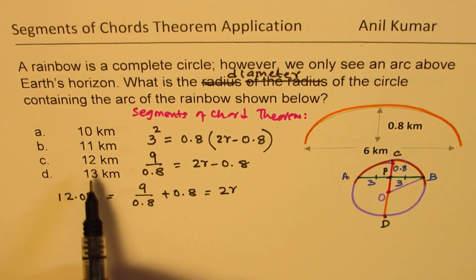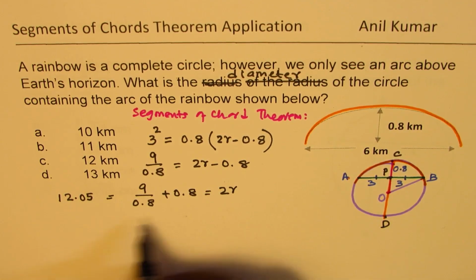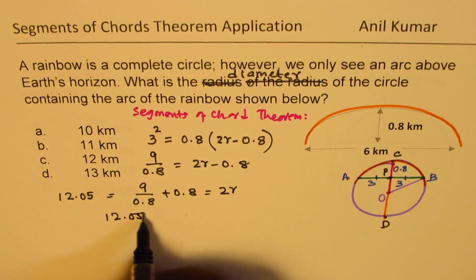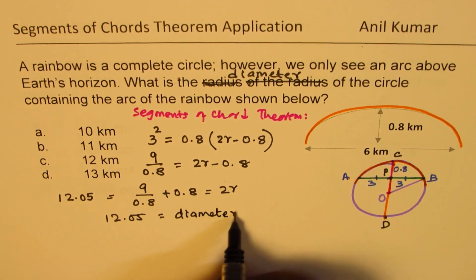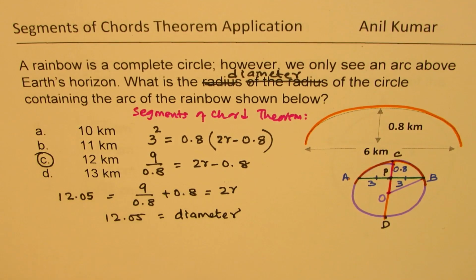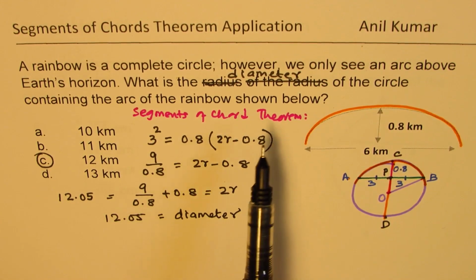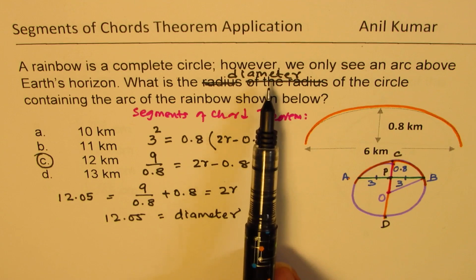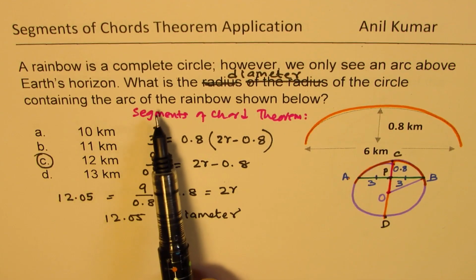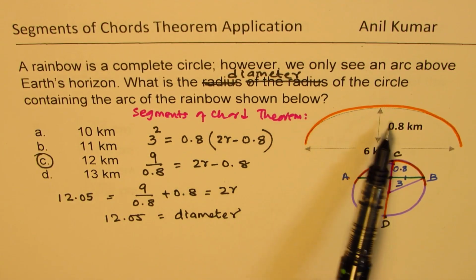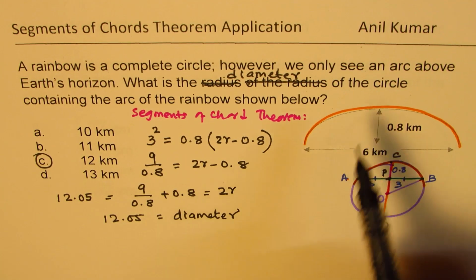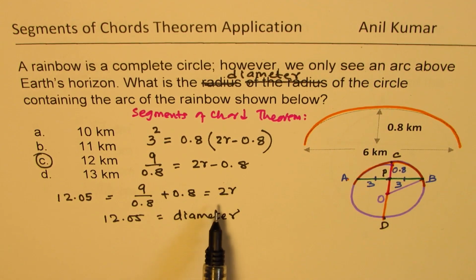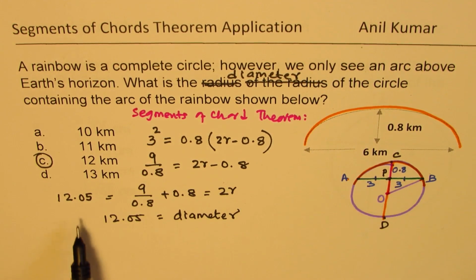So 2r is 12.05, which is the diameter. So option C becomes the right option, right? So there's a typing error here. What is the diameter of the circle containing the arc of the rainbow shown below, right? That becomes the question. So the diameter will be twice the radius, which is going to be 12.05.